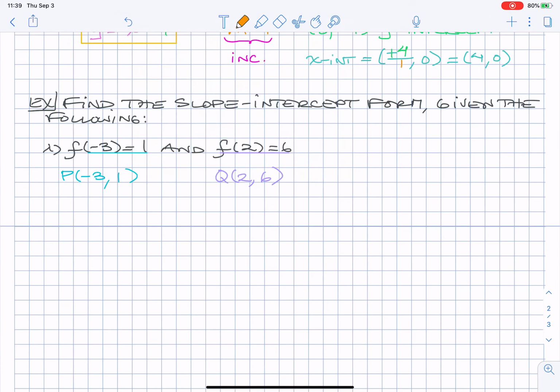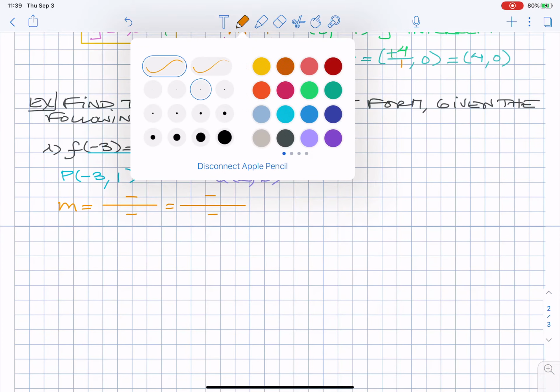So I can find my slope. My slope will be y2 minus y1 over x2 minus x1. Okay, so what do we have?